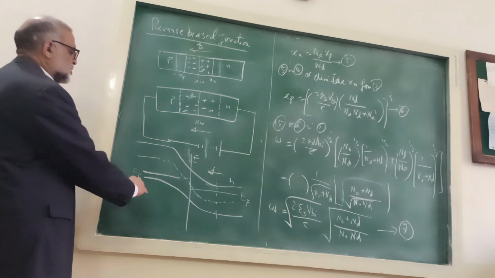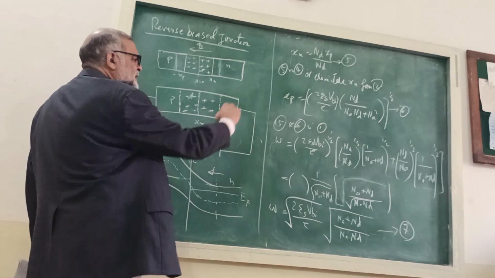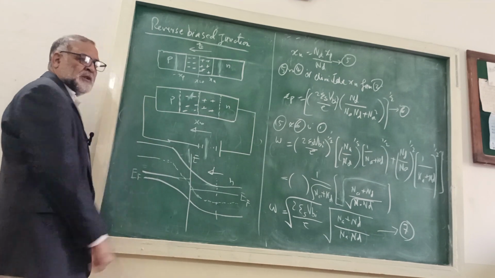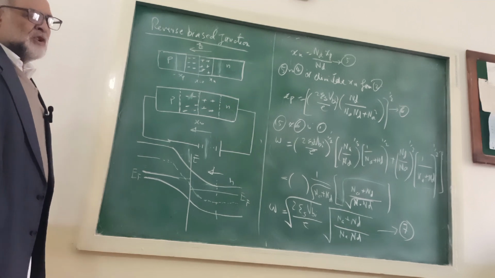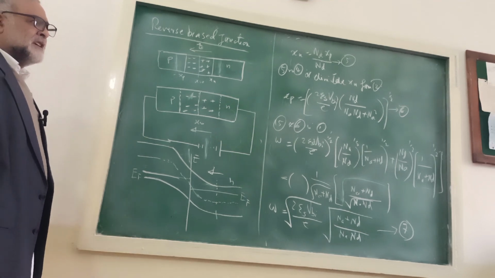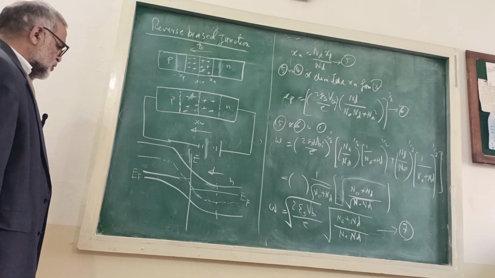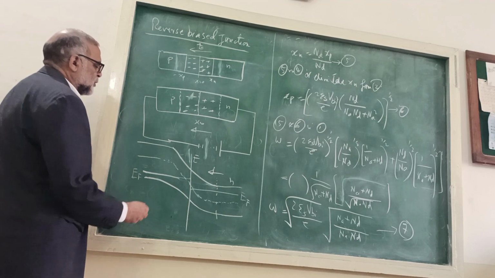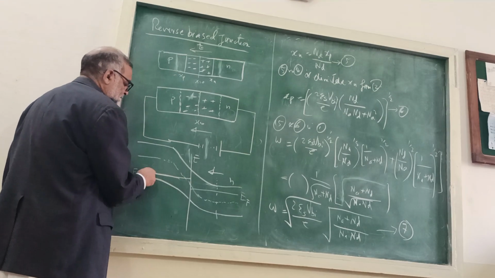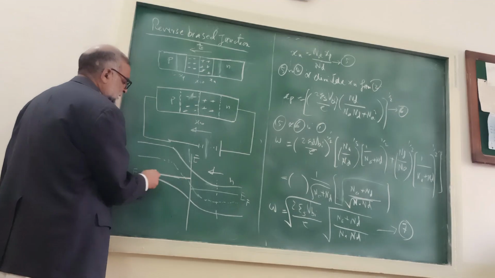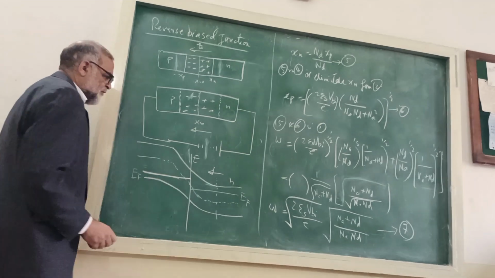So we saw that the potential on this side was lower because it is in the direction of the electric field. So now the potential for the electron has rather increased, right?